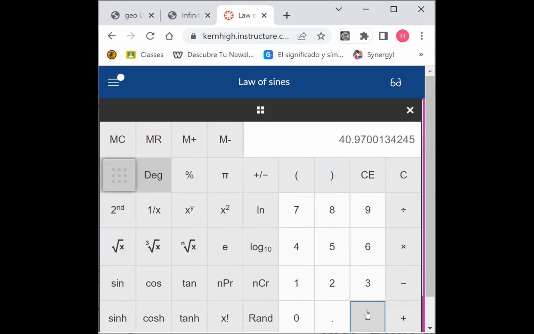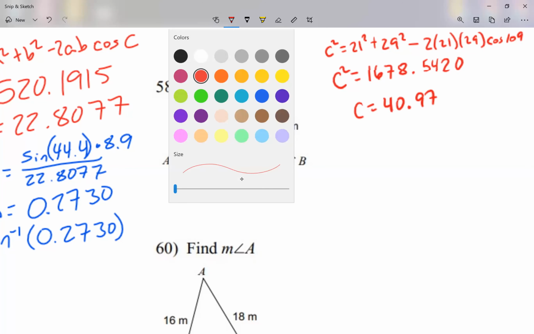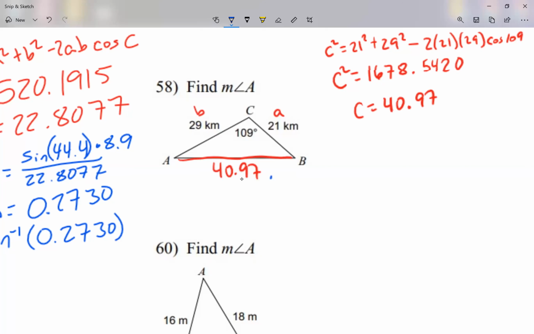So I wanted to say that C is equal to 40.9700. The 00 I don't have to do, so I'm going to say this side is 40.97. Now, because I have side C and angle C, I'm going to use the law of sines.